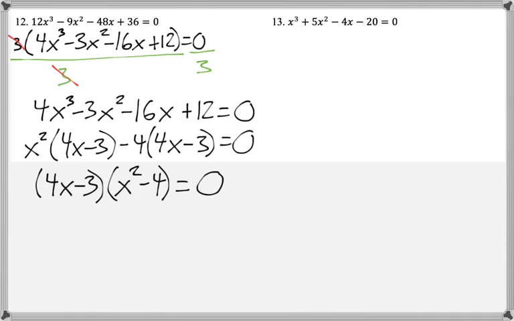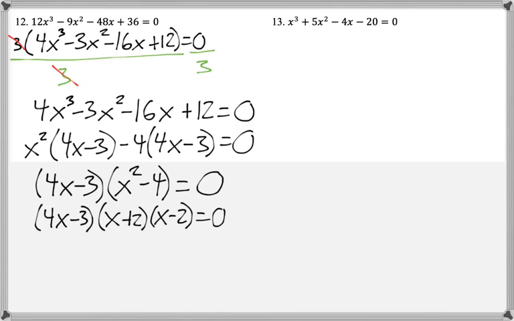Now the x squared minus 4, we can factor this further because it's a difference of perfect squares. So the 4x minus 3 is going to stay the same, but the x squared minus 4 turns into x plus 2, x minus 2.